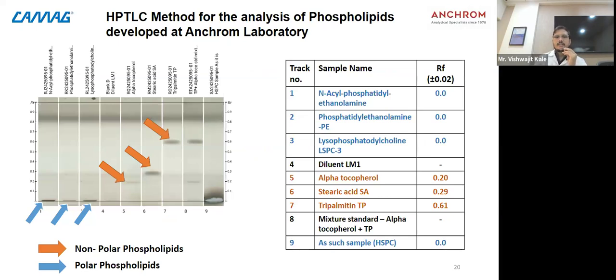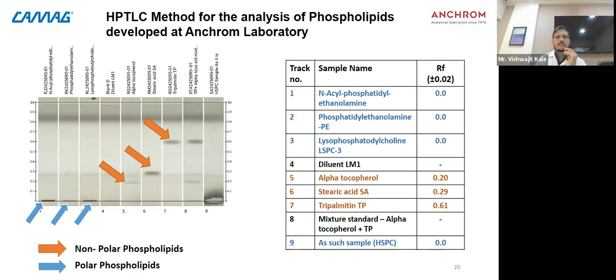So this is another method, the second method, for the analysis of non-polar phospholipids. In this method, as you can see at left hand side in the plate image, there are 9 tracks in front of you, and in track number 1, 2, 3, all the polar phospholipids are remaining at the bottom at lower 0 RF value, that are N-acyl phosphatidylethanolamine, phosphatidylethanolamine, and lysophosphatidylcholine.